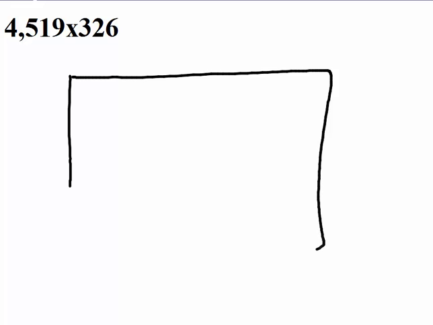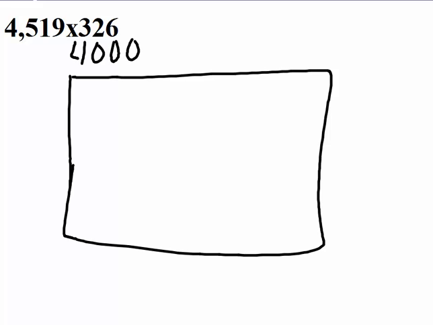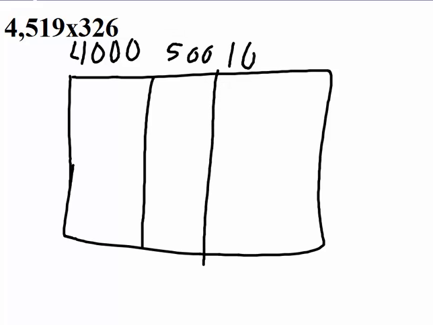Alright, so here it's going to be the same thing. I'm going to start out with my rectangle. I'm going to have 4,000. Then I have 500. Then I have a 10 and a 9.